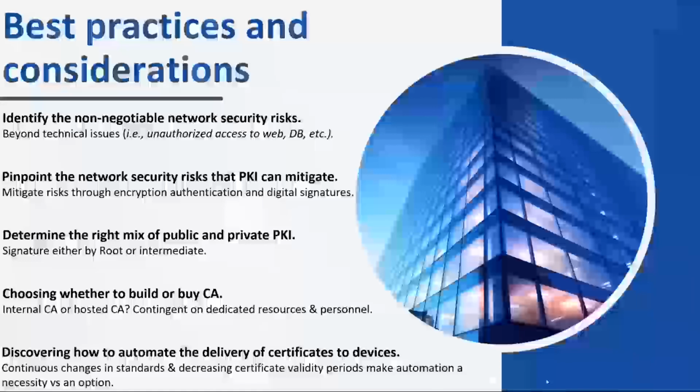If you want to have an on-premise offline root that you can hold and hug at night, that's fine, because you can use that root to sign an intermediate CA, or what we would call an issuing CA, that is hosted for you. And what I mean by hosted is natively cloud-based private CAs that are issuing CAs.